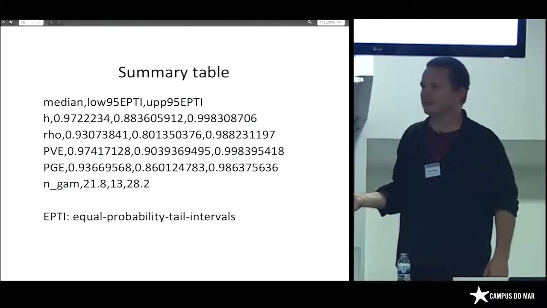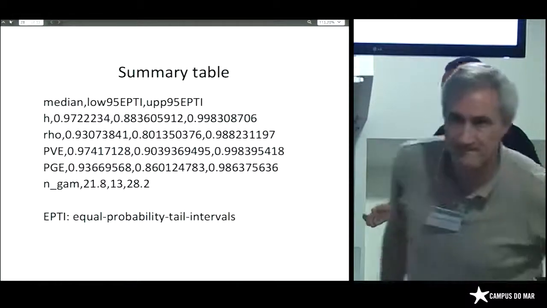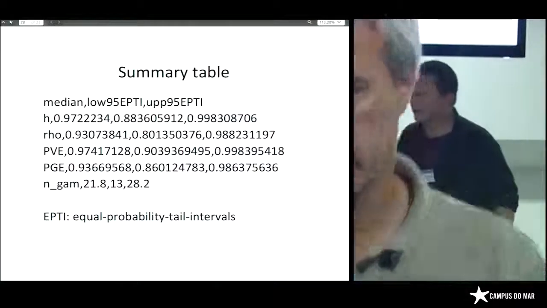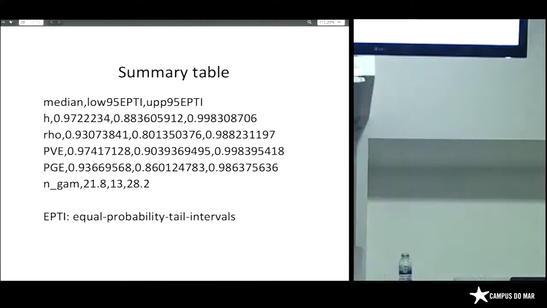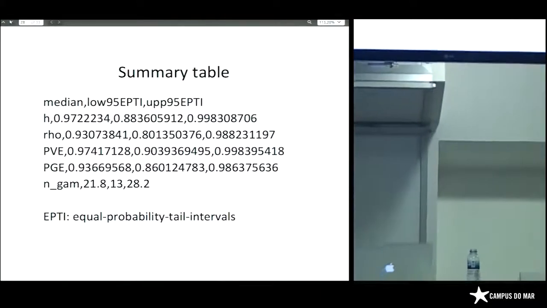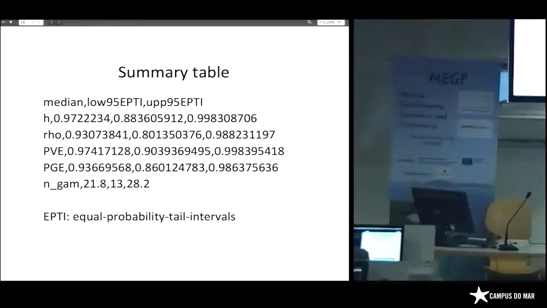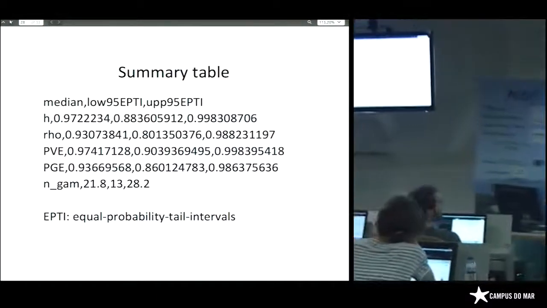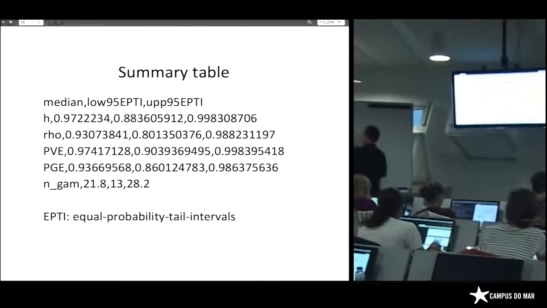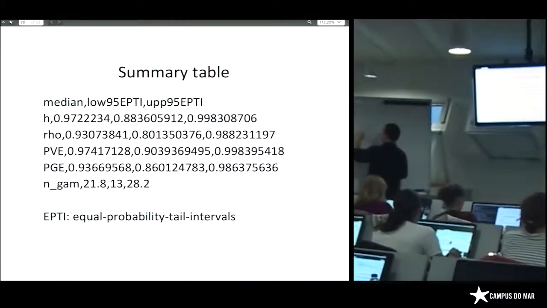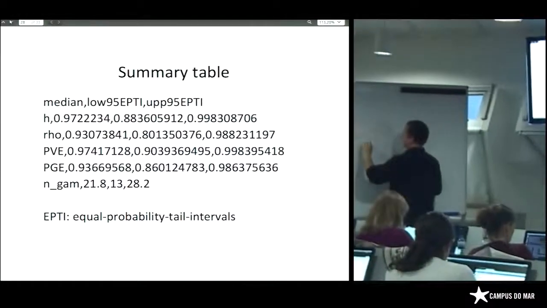You don't look happy. Can you repeat the last thing? So PVE, I'll put it on the board. PVE is equal to the SNPs with association plus the no effect.